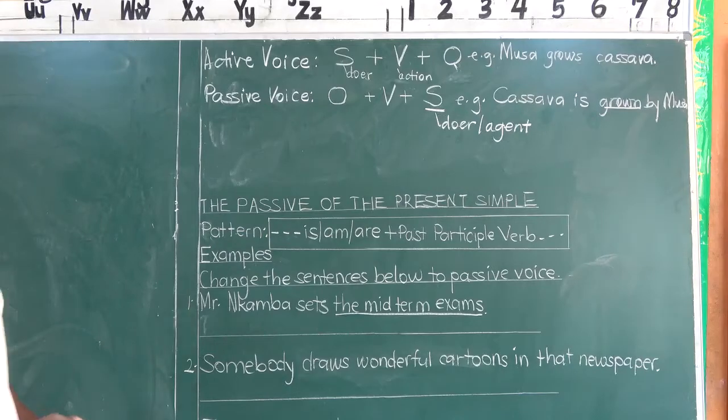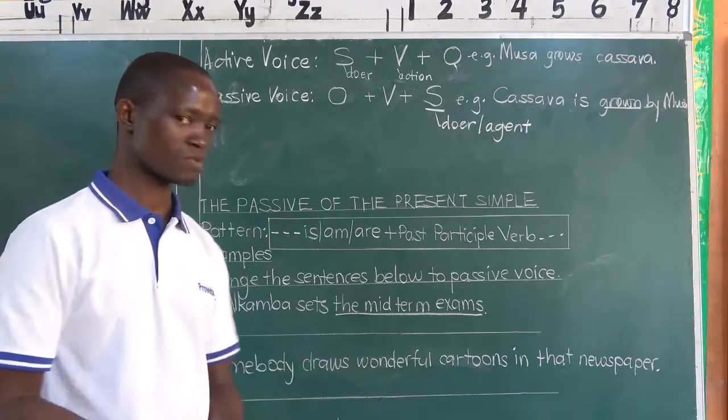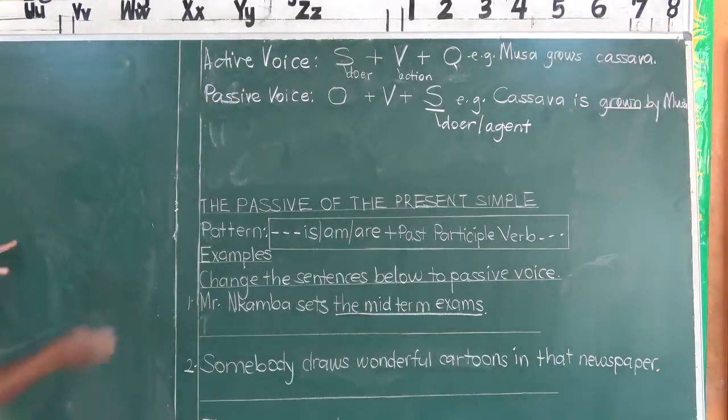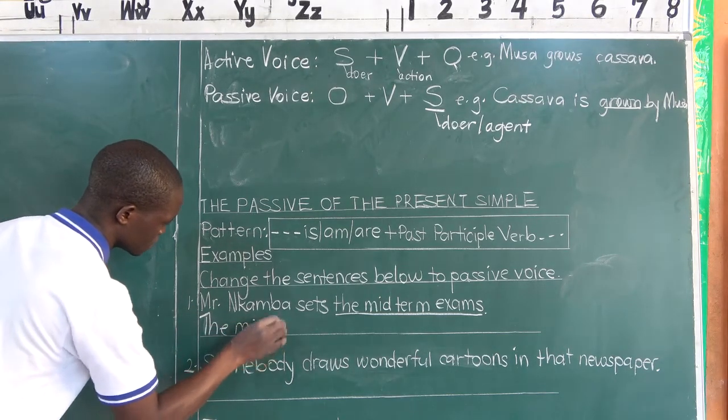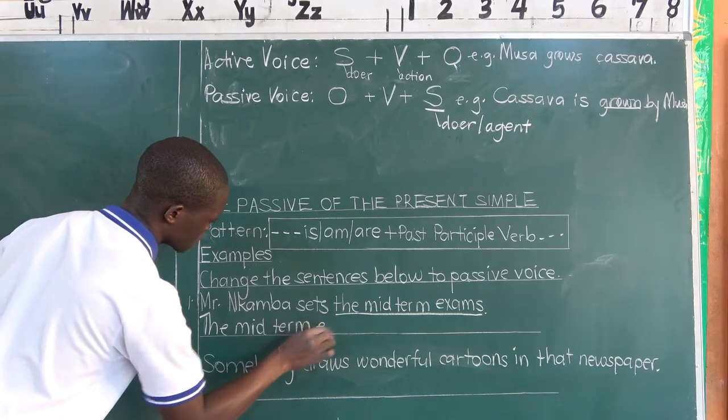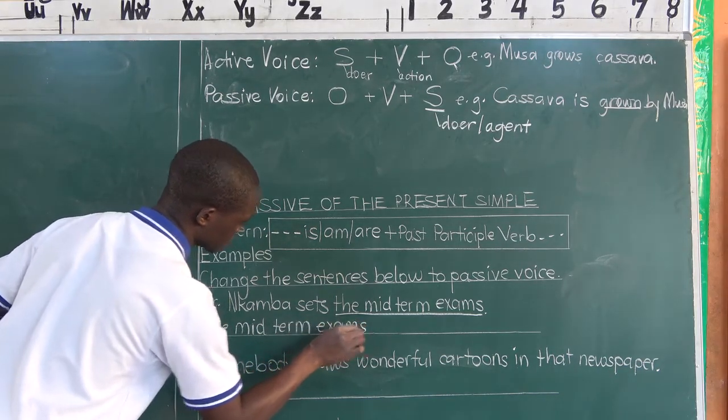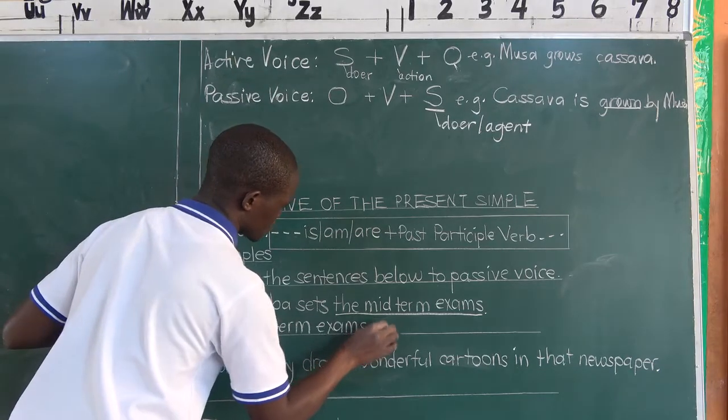Compound objects are made up of two or more nouns. So we say, the midterm exams are set.